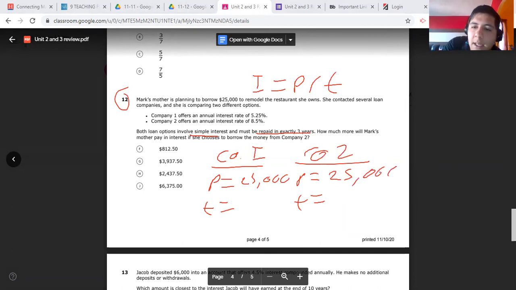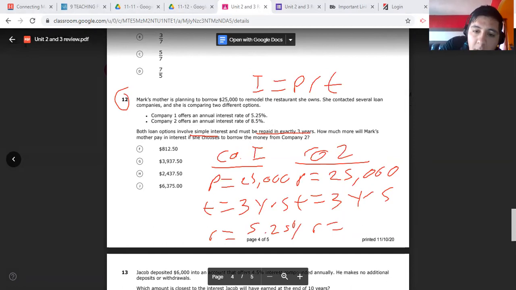And the time, it has to be paid back in 3 years. Okay. What's different is the rate. Okay.